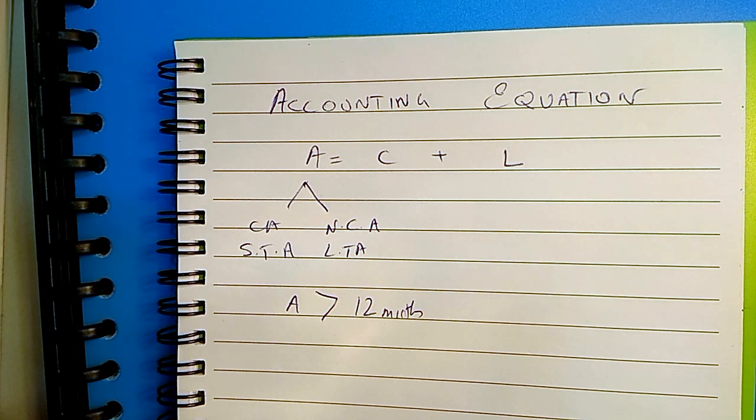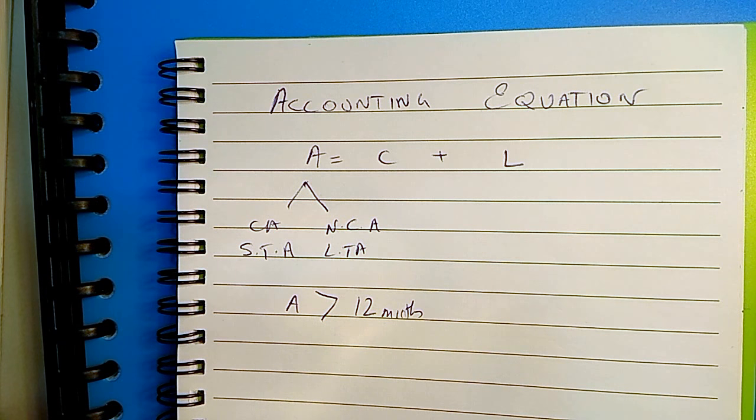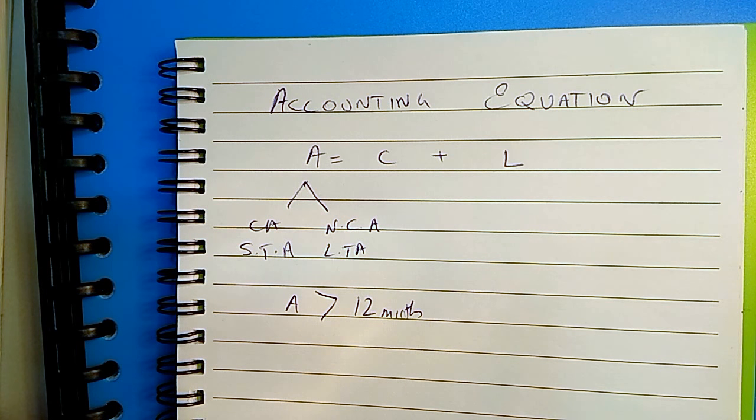If so, that will be a long-term asset or a non-current asset, because we will own the asset for more than 12 months. For example, it might be vehicles, machinery, or land.